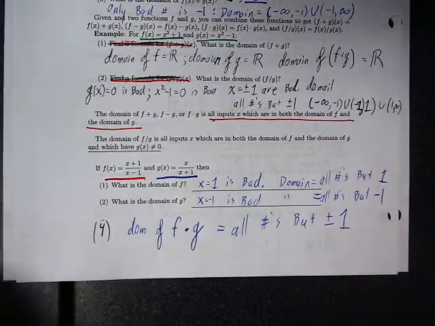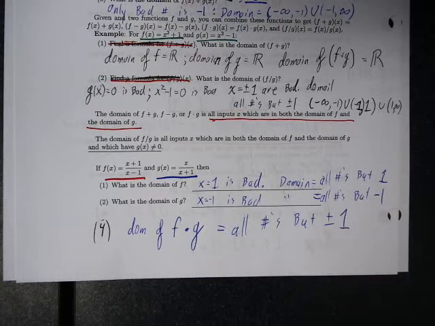You could write that as an interval if you want, but I don't want to emphasize that. So here's why I'm focusing on this example. That is the correct answer. It's all numbers but plus or minus 1.